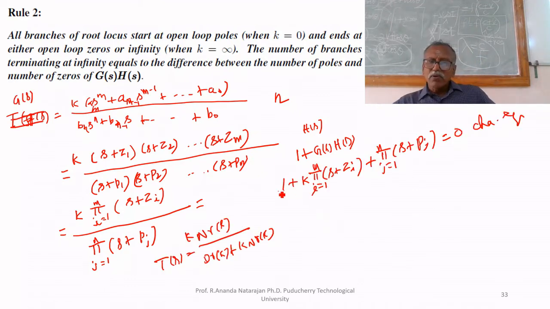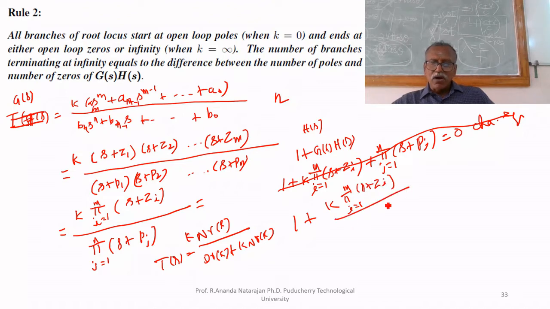That characteristic polynomial is 1 plus G of S H of S, that is, K times the product of i equal to 1 to m of S plus Zi upon the product of j equal to 1 to n of S plus Pj, equal to 0. This is the characteristic polynomial.